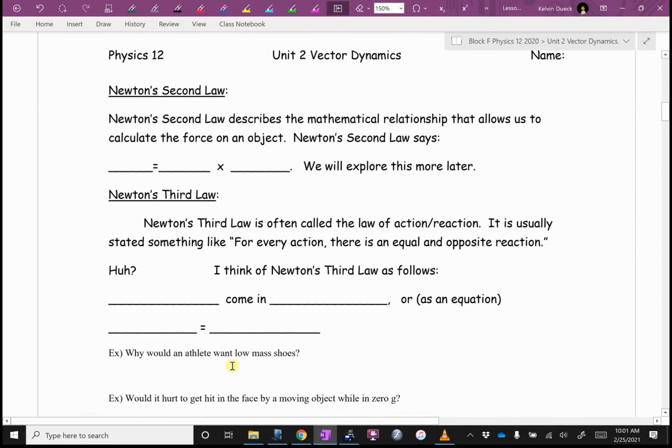Unless there's, you know what? Let's keep going. Newton's second law is the equation. It's the mathematical relationship between force, mass, and acceleration. It says force equals mass times acceleration. Newton never actually published it that way.